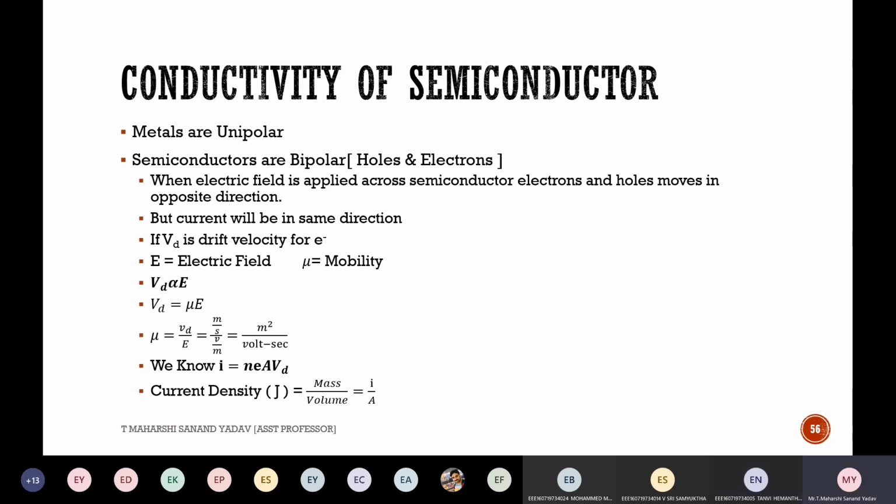What is the efficiency for a half-wave rectifier? 40.6. Good. And what is the formula for ripple factor? 1 under root, form factor whole square minus 1.